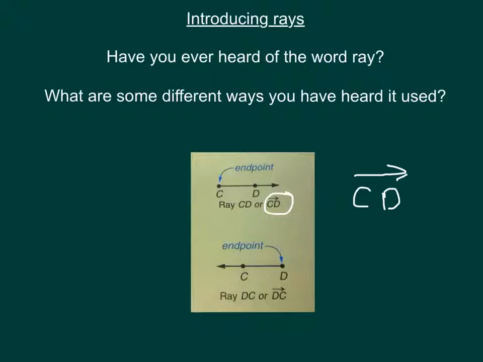This means this ray is called CD. Now the one below here, ray DC, you start with your endpoint D when you write it down. Then you go to point C, and you're going to put your arrowhead over here like this. And this is called ray DC.